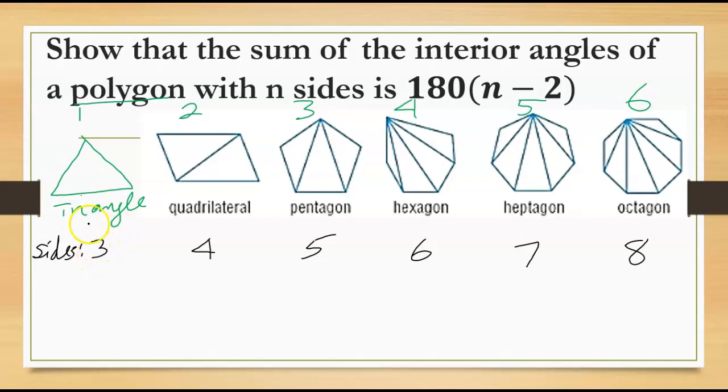And then, how many triangles can we get from it? Just one triangle, which will be 180. So, number of triangles is 1.